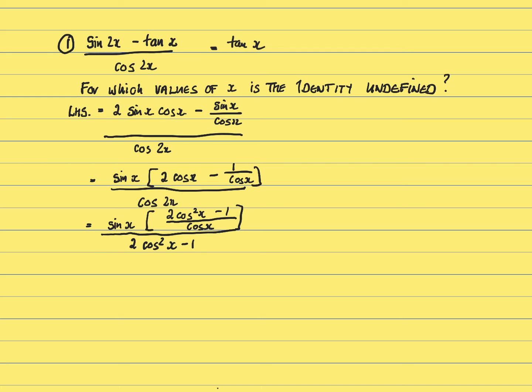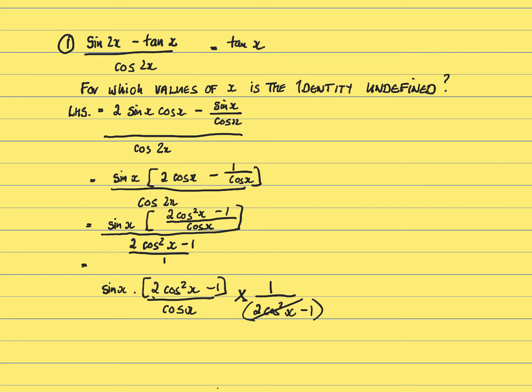So remember, what am I really doing? I'm dividing by a fraction. So I'm going to write it as sine x times 2 cos squared x minus 1 all over cos x, and then I'm going to times by 1 over 2 cos squared x minus 1.